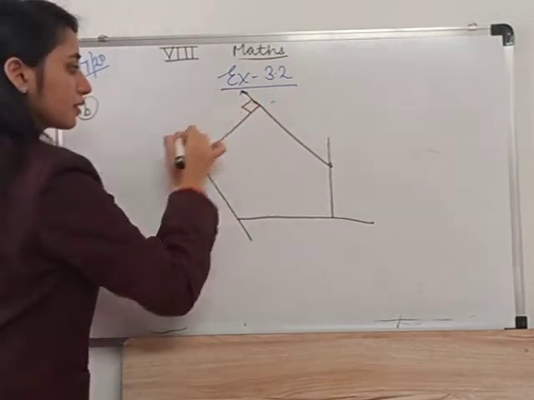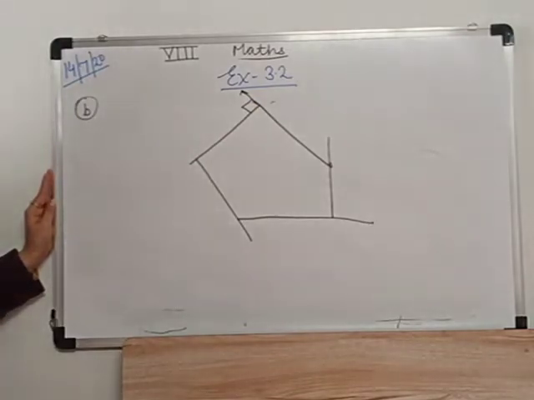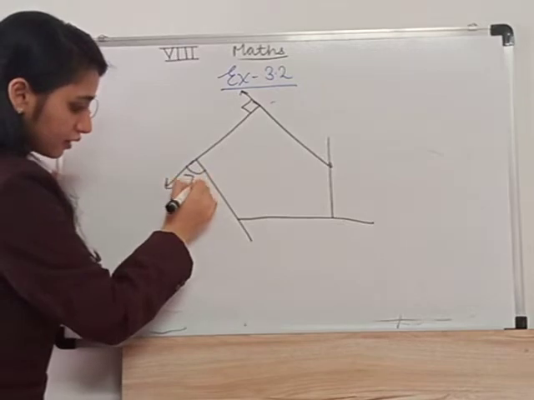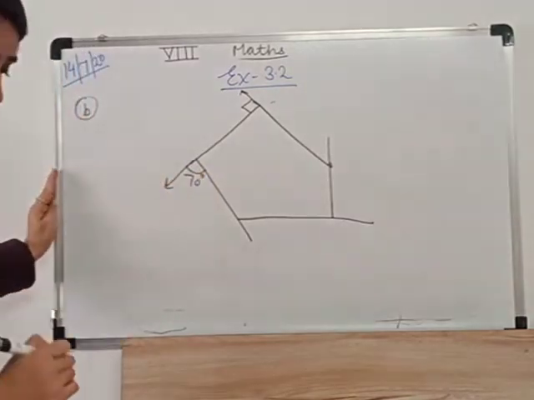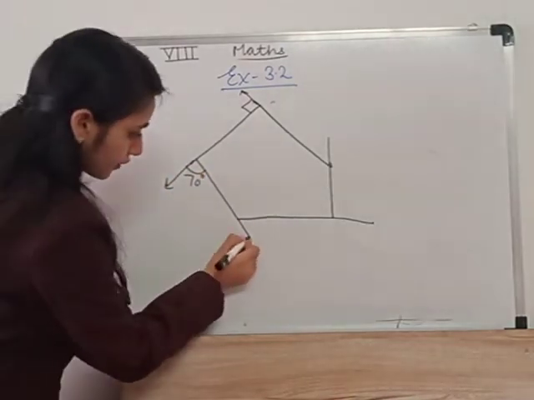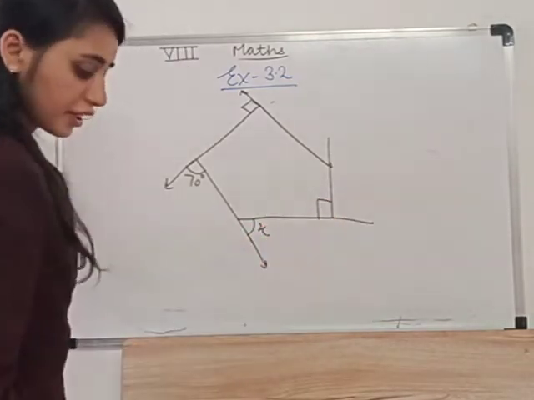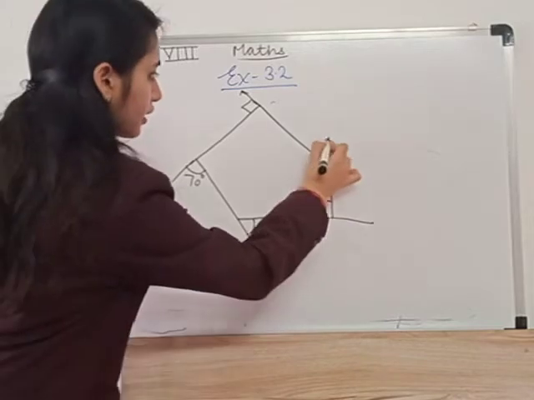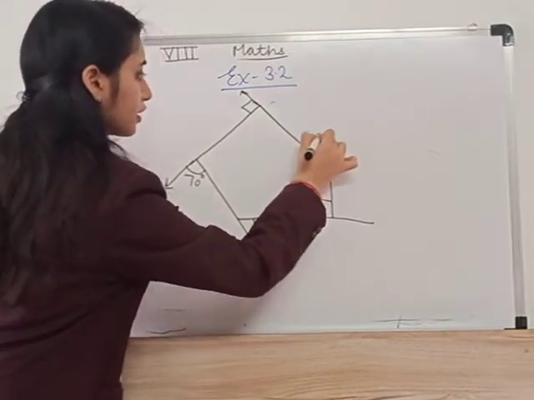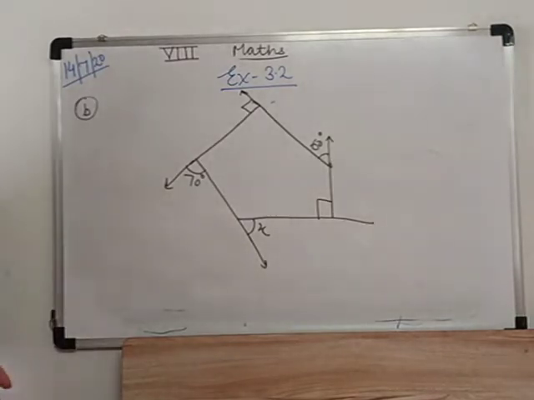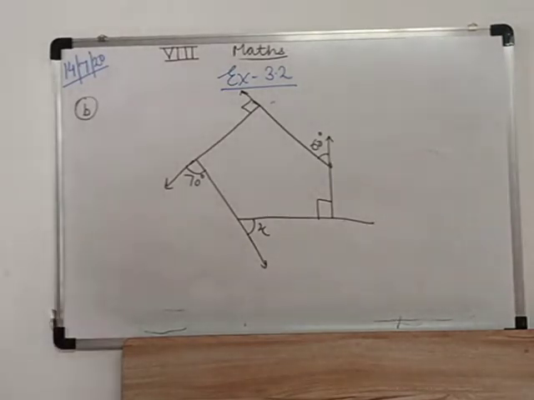This angle is 90, this is the symbol of a 90 degree angle, and another angle is 70 degree. The next angle is angle x. This angle is also 90 degree and the other angle is 60 degree. Now we have to find the value of x. How can we find the value of x in this question?